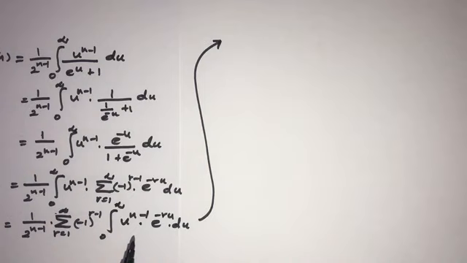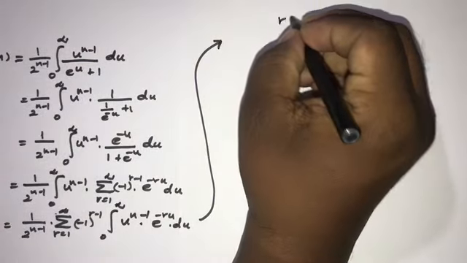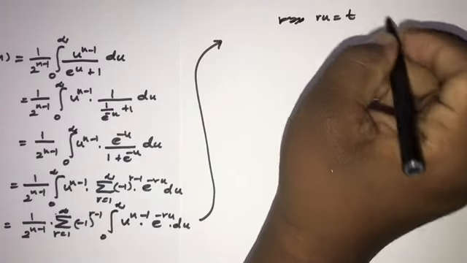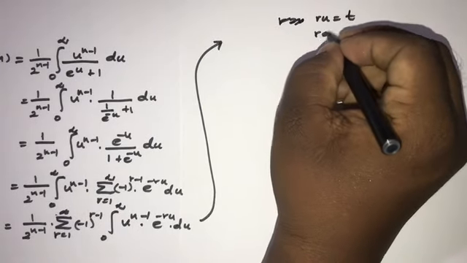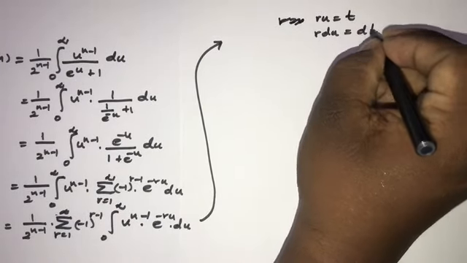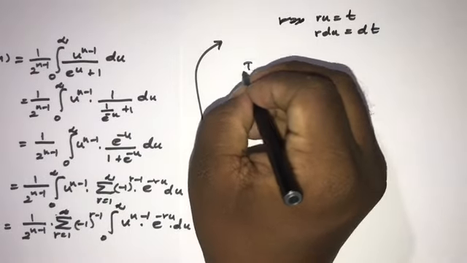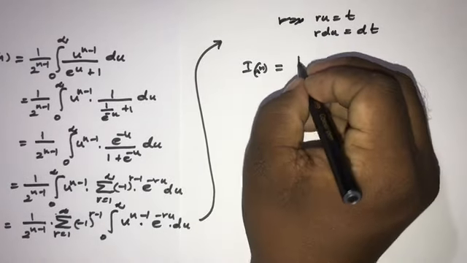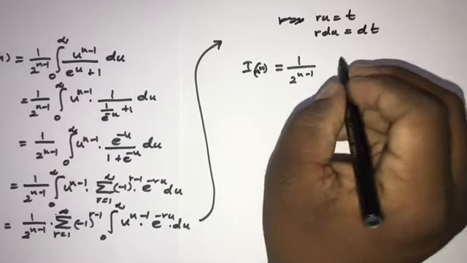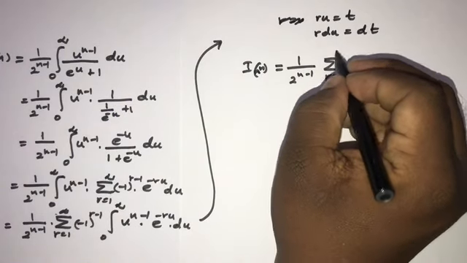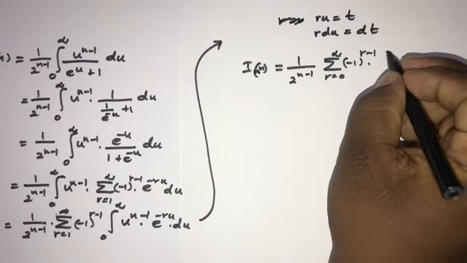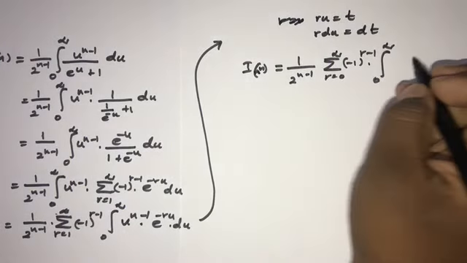Now we can use the substitution method. If we take ru equal to t, then r du is equal to dt. So our integral I_n is equal to 1 over 2 to the n minus 1, the infinite sum of minus 1 to the r minus 1, times the integral from 0 to infinity.